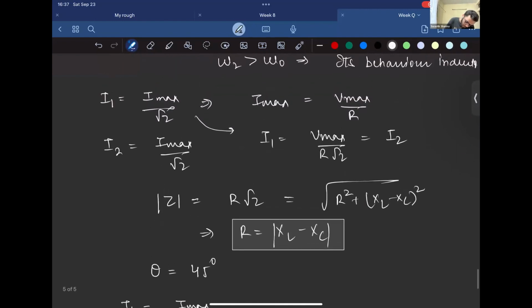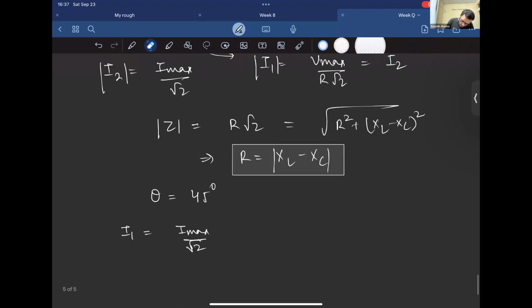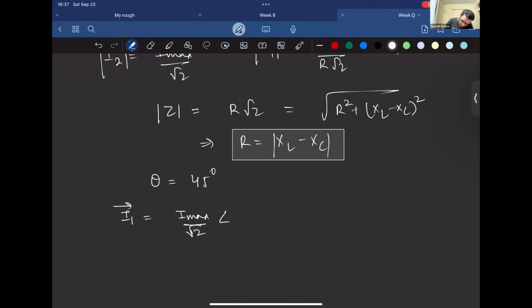Pictorially it would be represented as, since it's a capacitive circuit at less than omega naught, 45 degrees, capacitive, as omega 1 is less than omega naught. And I2 is what?